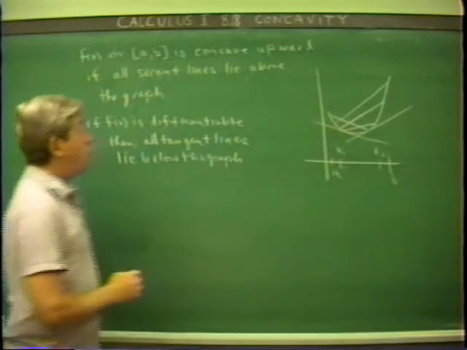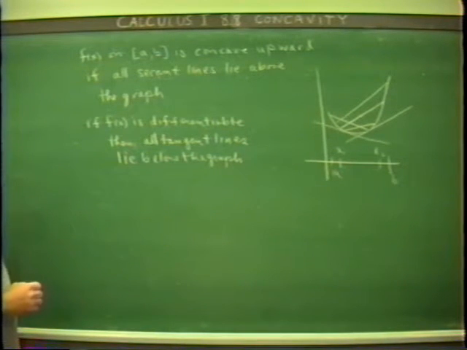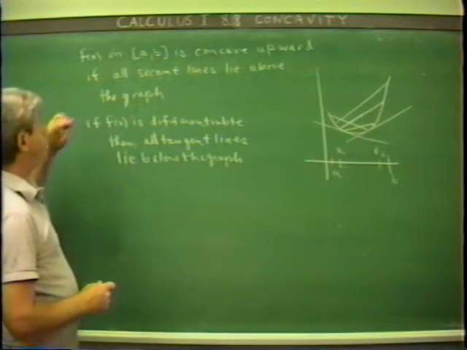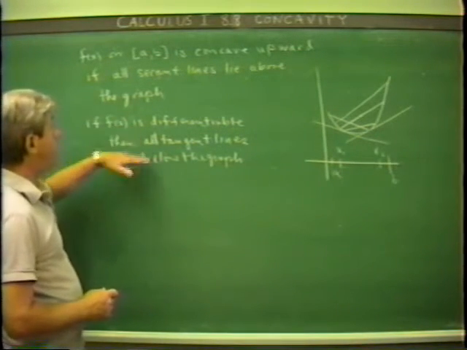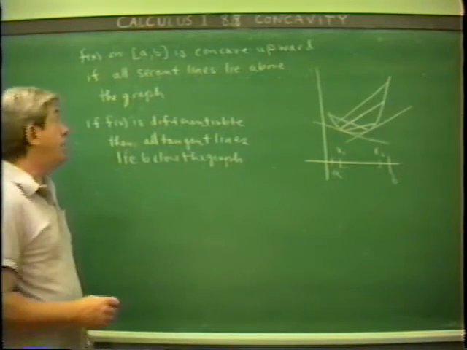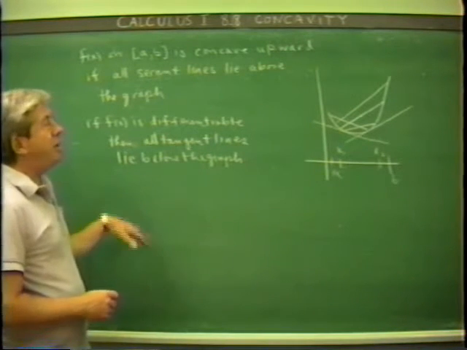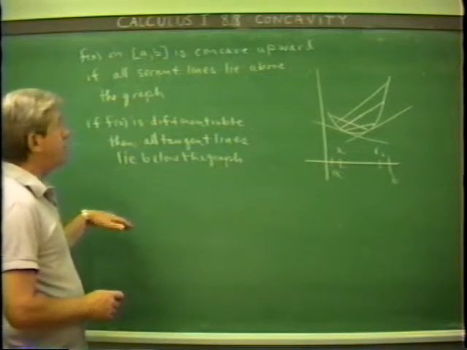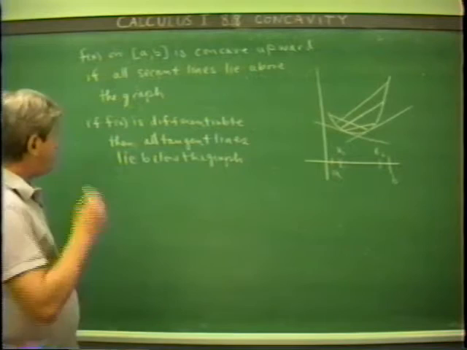That's to say, all of these tangent lines here to the graph of the function lie below the graph. The function happens to be differentiable and it's concave up. And that's if and only if. That's to say, if it's differentiable and all the tangent lines lie below, then all the secant lines will have to lie above.